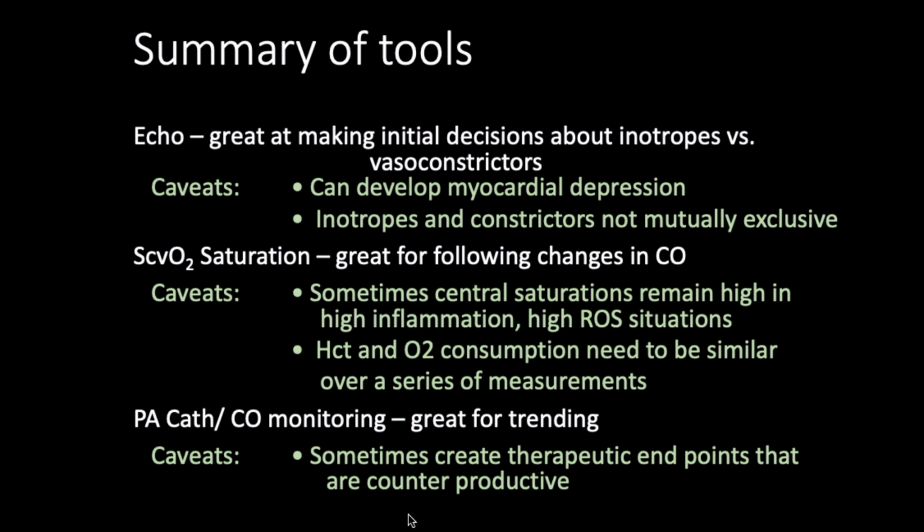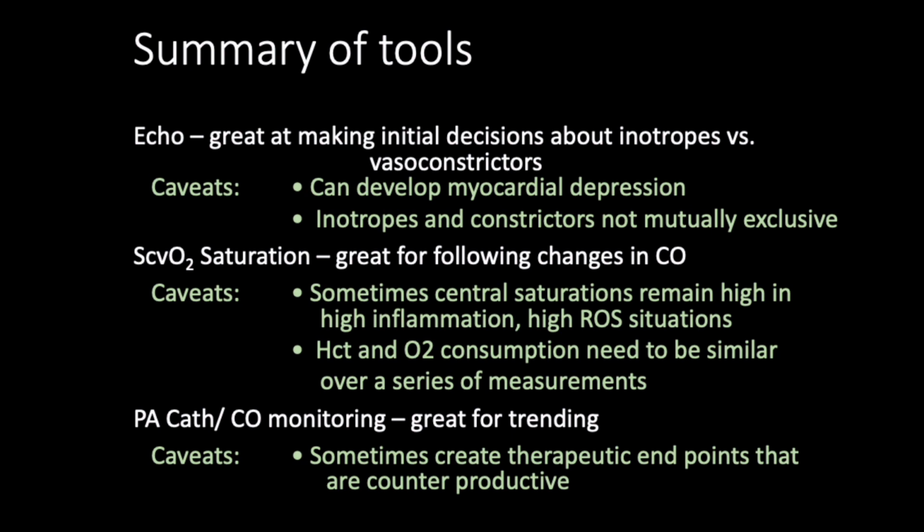So be very careful about what kind of numbers you're shooting for, especially when you have a catheter that is generating lots of numbers. Really, the therapeutic goals here are blood pressure that's within a patient's autoregulatory range and an oxygen delivery that is at least twice what's being demanded.